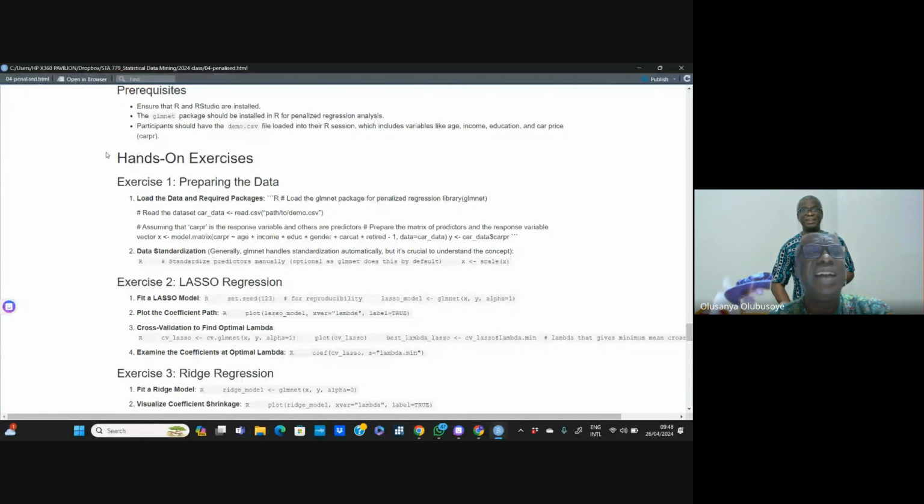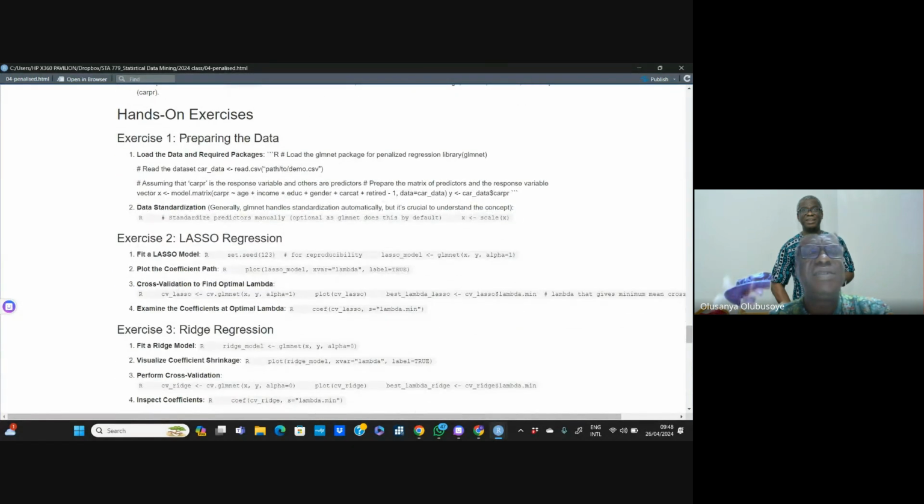You have the hands-on exercise. So prepare the data that I've given to you, the data on demo. The data is on our Google. So you are going to use car price as your dependent variable, age, income, education, gender, car category, retire.